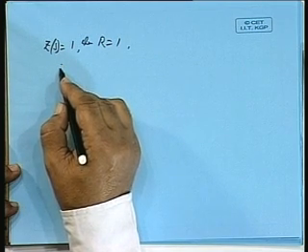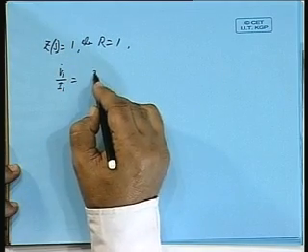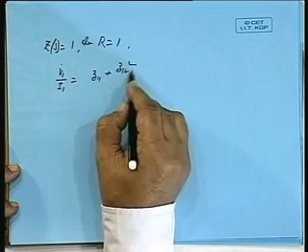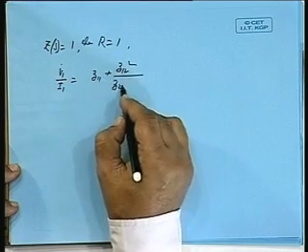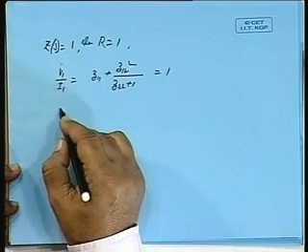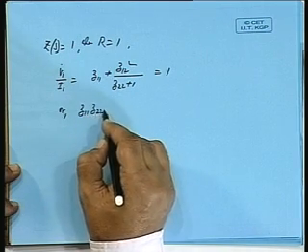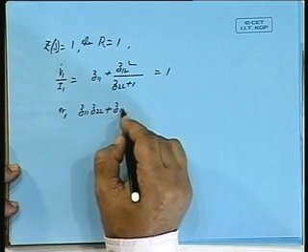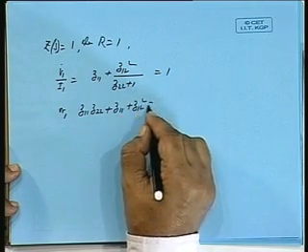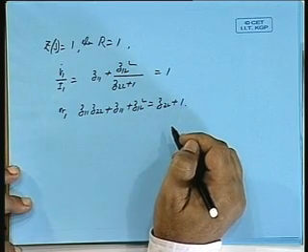V1 by I1 is equal to Z11 plus Z12 squared by (Z22 plus 1) equal to 1, or Z11 Z22 plus Z11 plus Z12 squared is equal to Z22 plus 1. Am I all right?